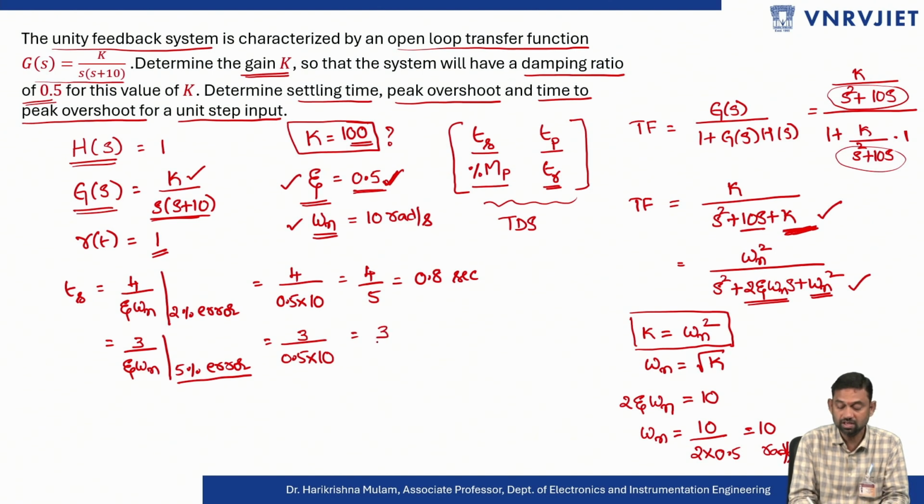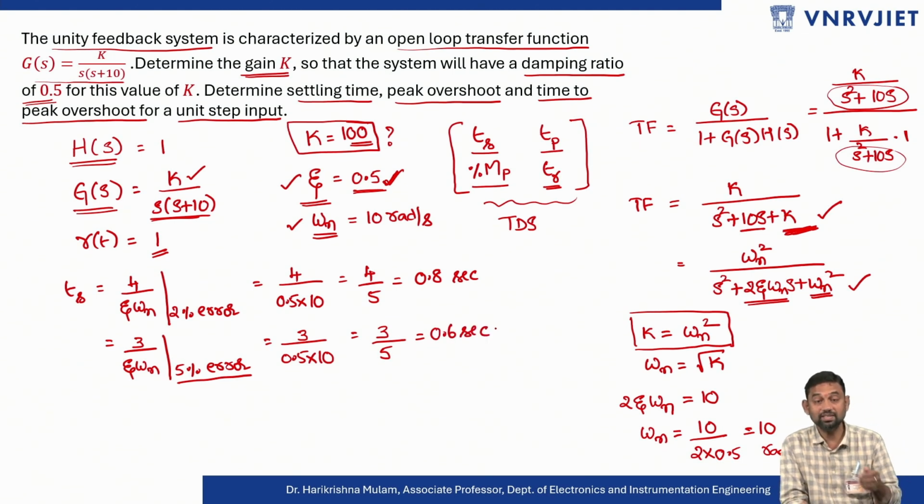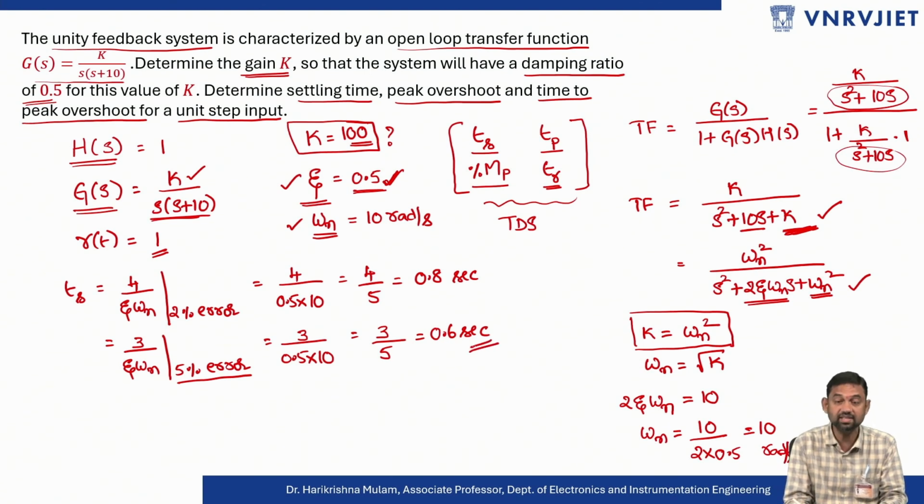That is equal to 3 by 0.5 into 10, which is 5. That is equal to 0.6 seconds. So if you consider the steady state error as 5%, the settling time is 0.6 seconds. If you consider the steady state error as 2%, the settling time is 0.8 seconds.